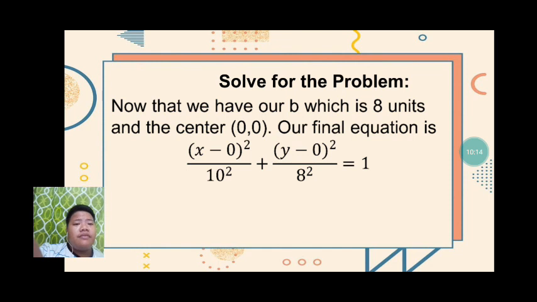Next, now that we have our b, which is 8 units, and the center is 0, 0, our final equation is x minus 0 squared over 10 squared plus the quantity of y minus 0 squared over 8 squared is equal to 1.